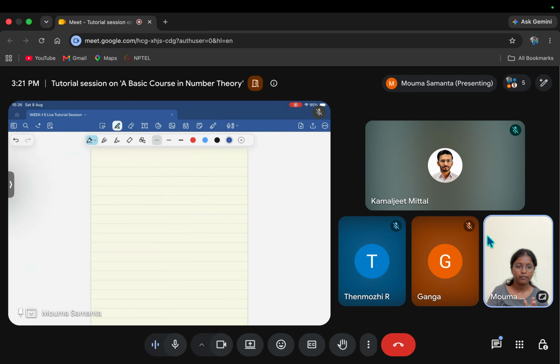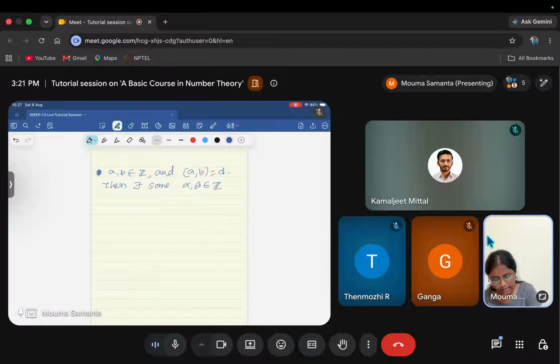The information we have: a, b belong to Z, and GCD of a, b equals d. Then there exist some alpha, beta belonging to Z such that d equals a alpha plus b beta.